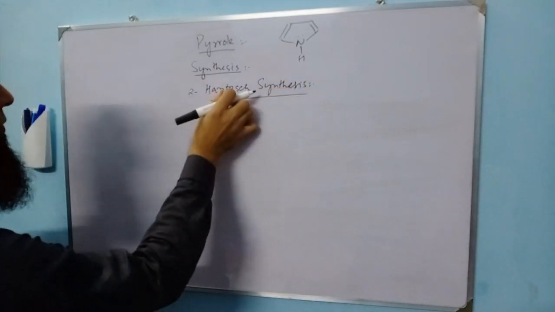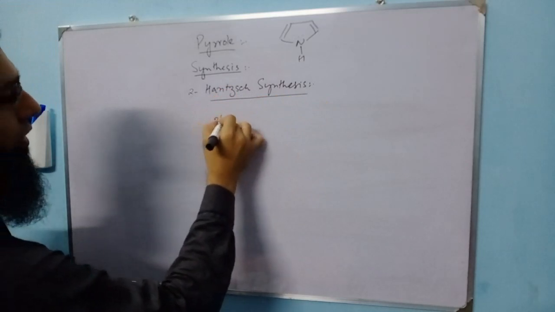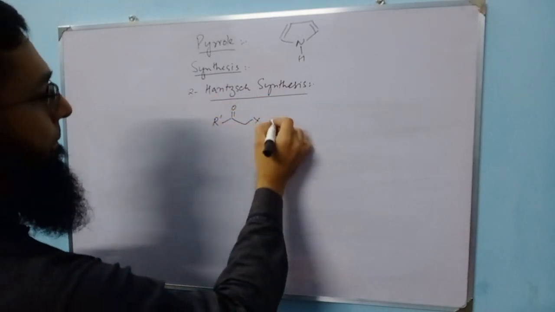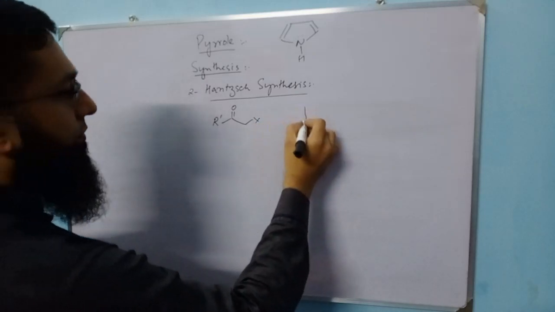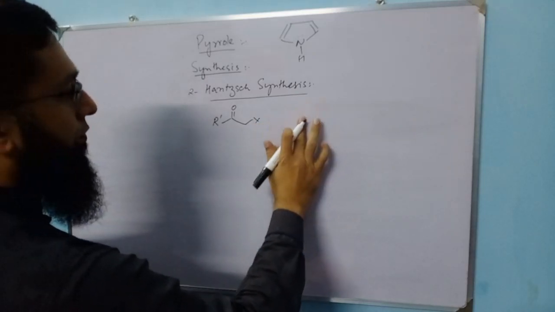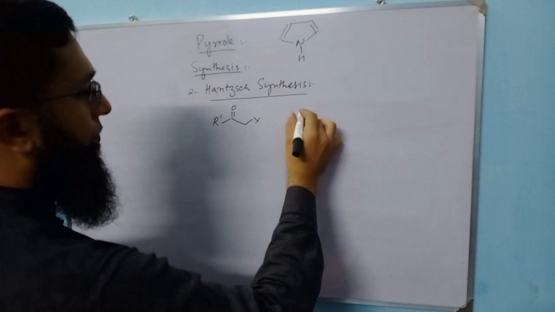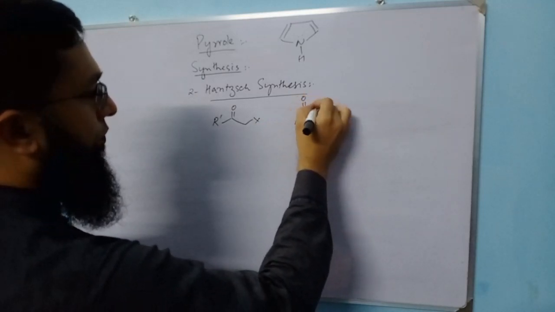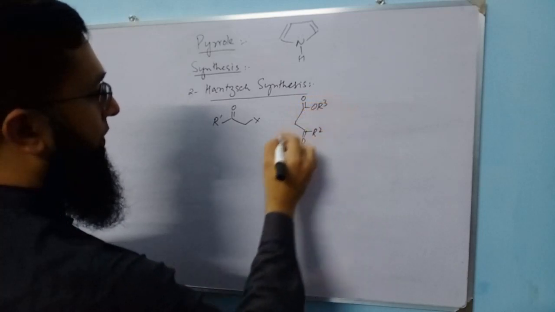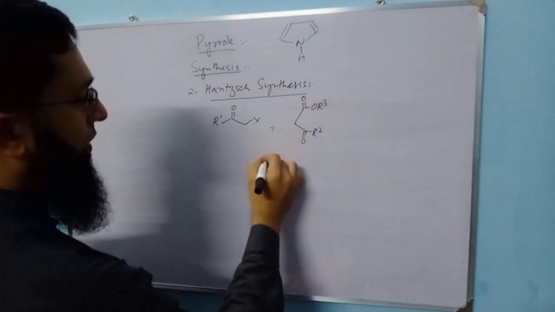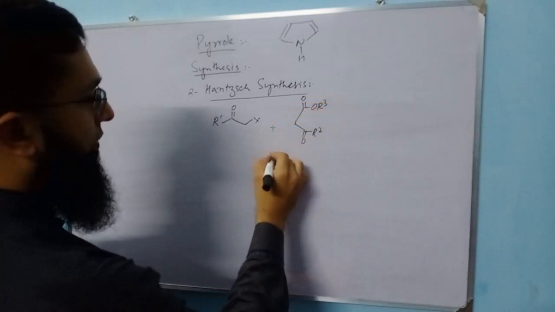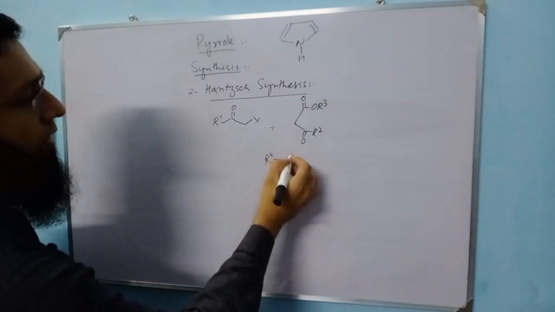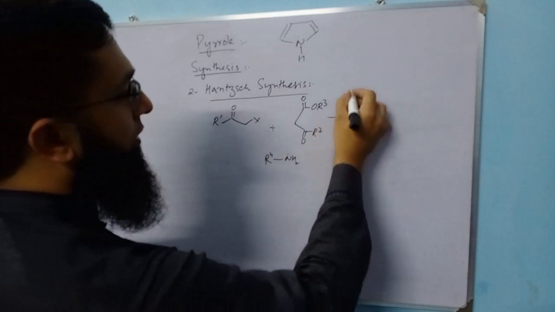In this reaction, an alpha-halocarbonyl compound, beta-ketoester, and primary amine are used, and here we can have two types of products.